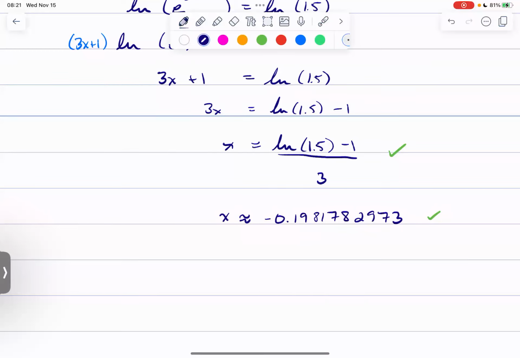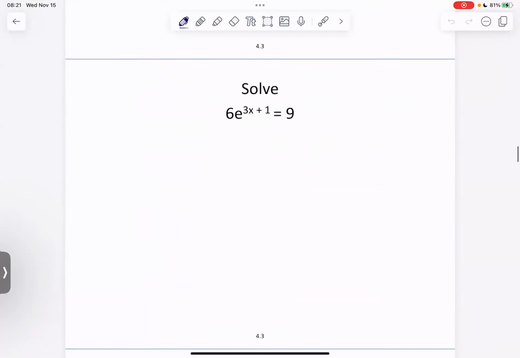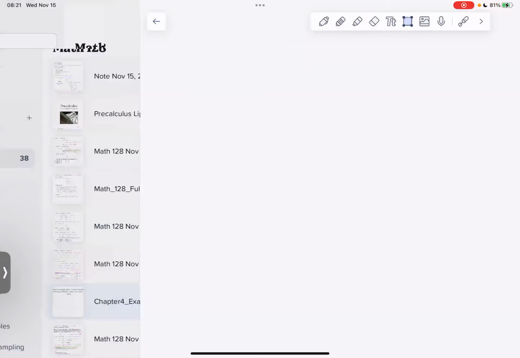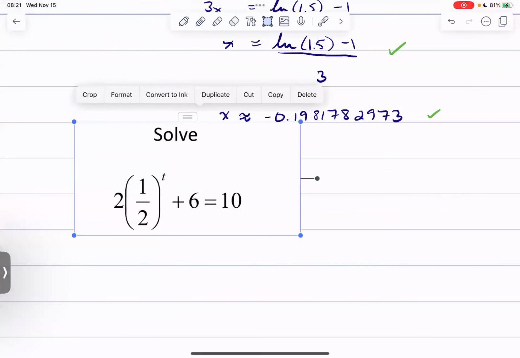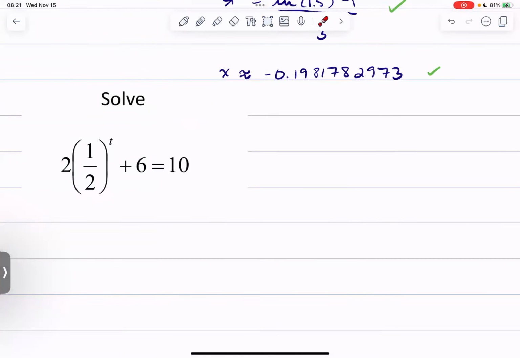Okay. How about another one? Same rules apply, right?